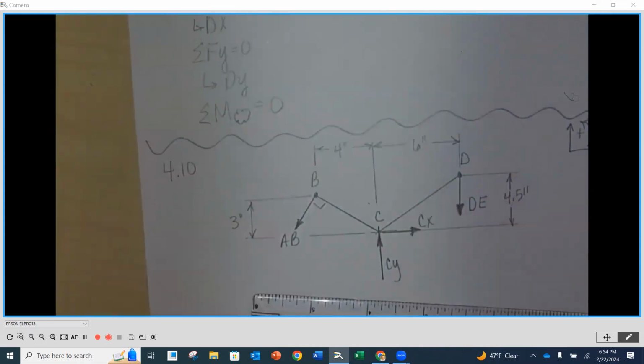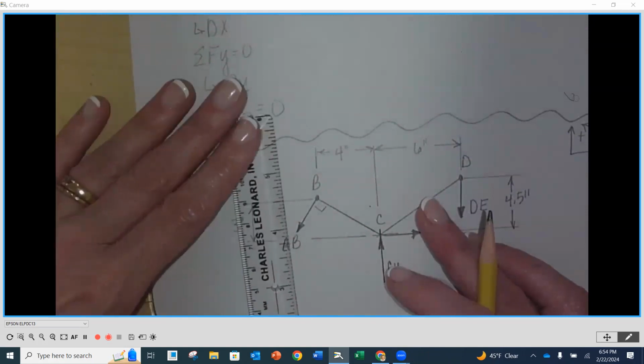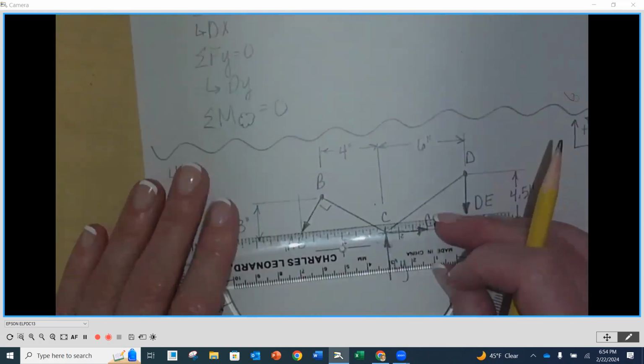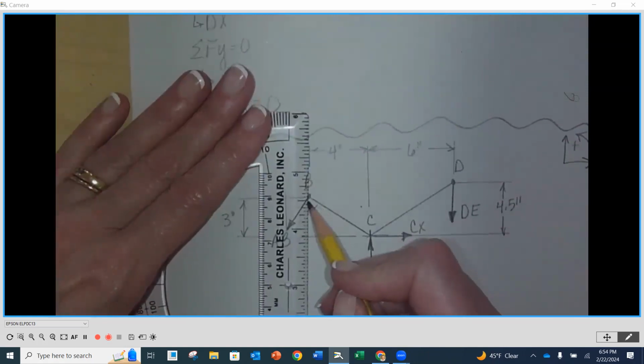It's usually my default, just because. Now AB is at that angle, right? Do you see how that's going to need some components? So I'm going to make a little right triangle here. This one's going to come down.